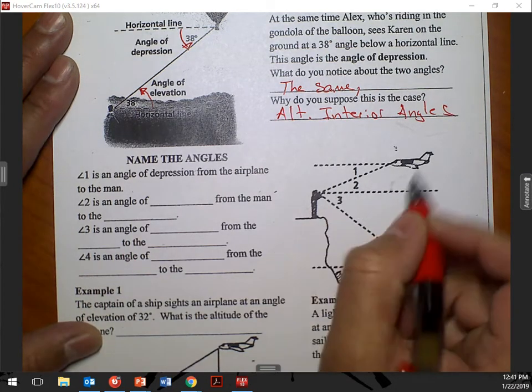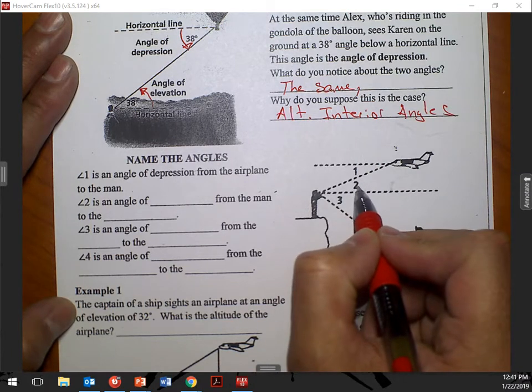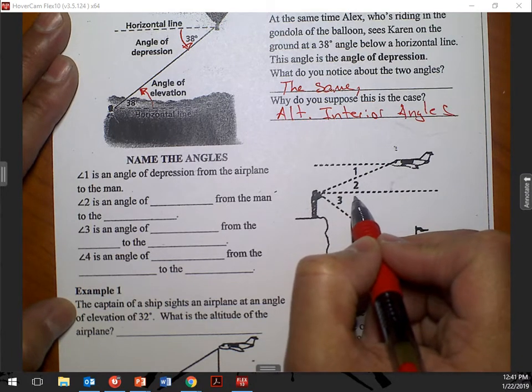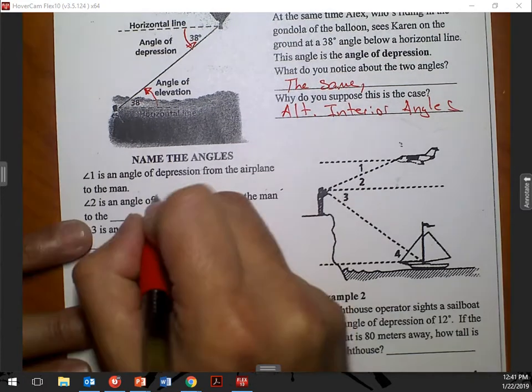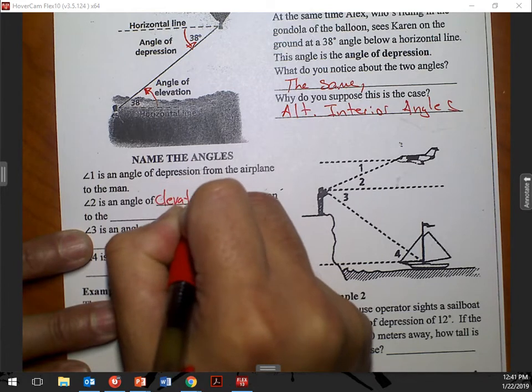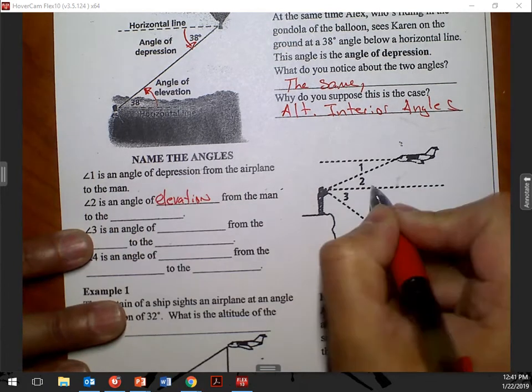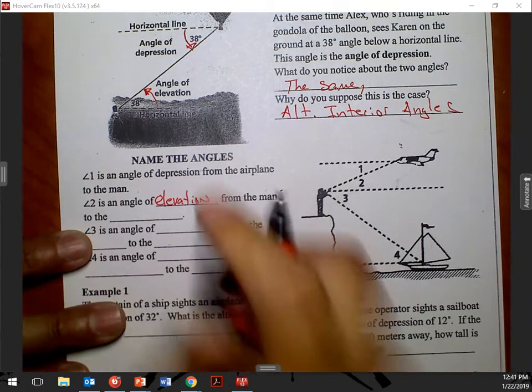Here's 2. It would be angle of elevation because it's going up, right? So elevation, from the man to the plane.